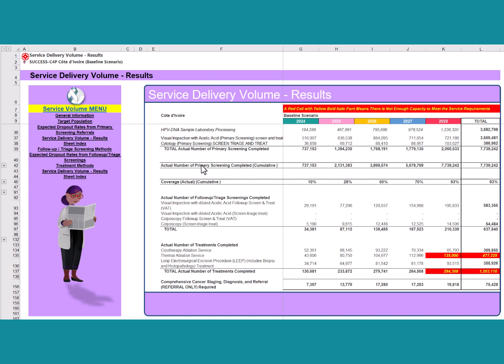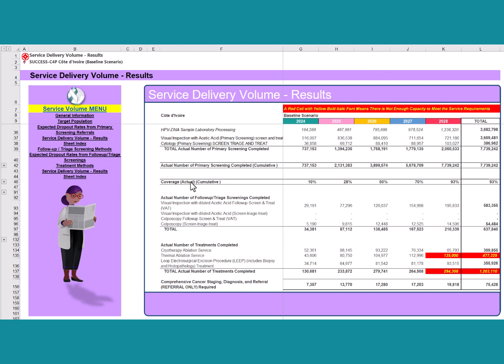So you can see here also, besides giving you the actual number of primary screenings that have been completed, you'll see the actual number of primary screenings completed cumulatively. So you'll see over the years that that number increases until you get your final 7,739,242 screenings actually completed.